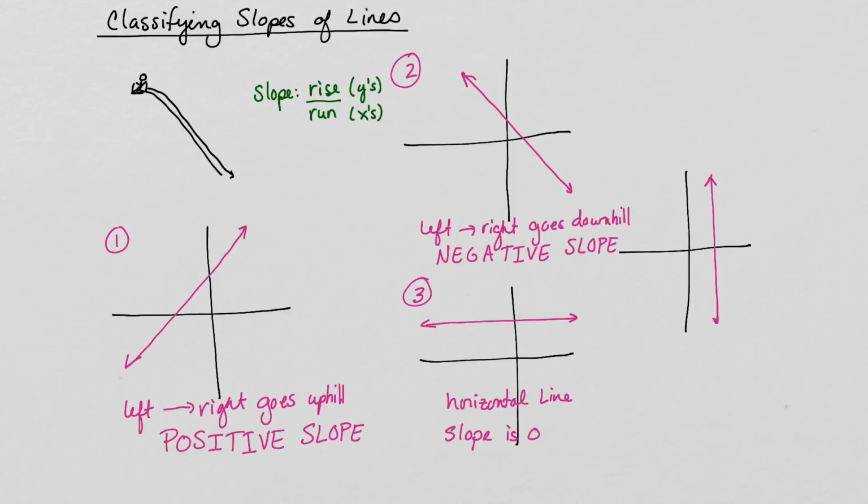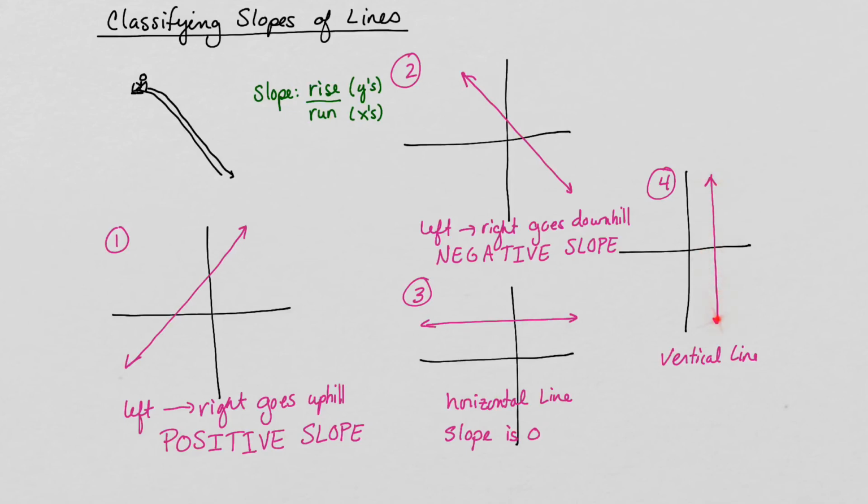Vertical lines, like I have over here, we'll call this number 4. So number 4 is a vertical line. In a vertical line, the y's are changing, so the rise part is changing, but the run part doesn't move anywhere from left to right.